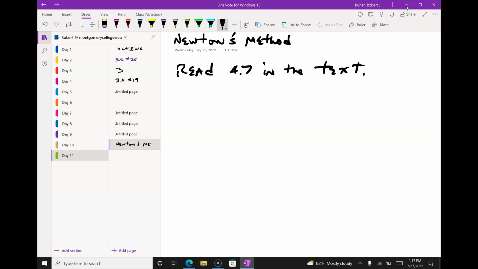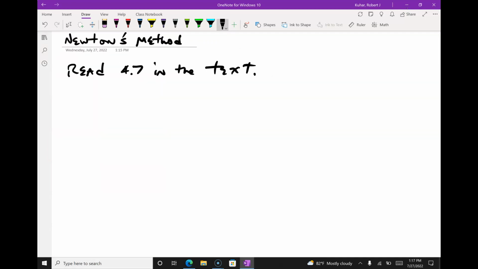You could also just do a Google search or a YouTube search, right? And listen to some other nerd talk about it. But the idea is it's used for finding roots, meaning zeros, x-intercepts, right? We okay with what I'm saying?